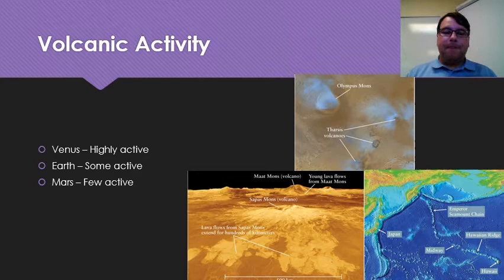It keeps going. Earth, on the other hand, is a little bit active. We see pockets here and there, especially on the plate boundaries, where sometimes when there's a shift, material from subcrust regions will push upwards, and so we see lava coming from the subcrust.